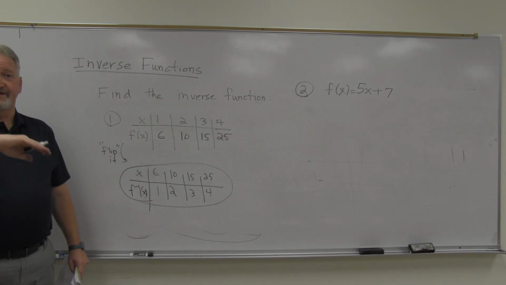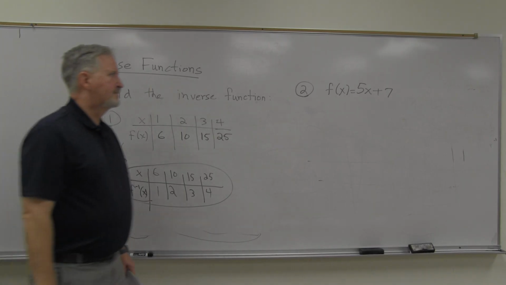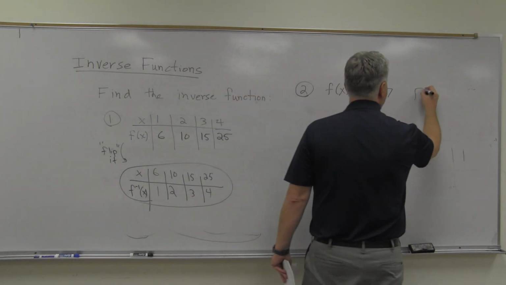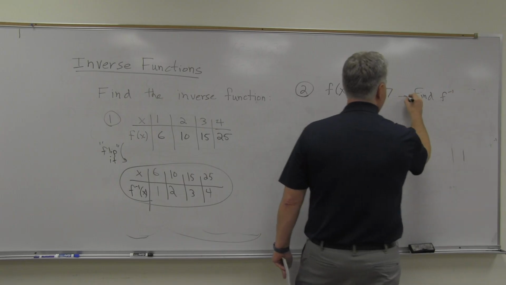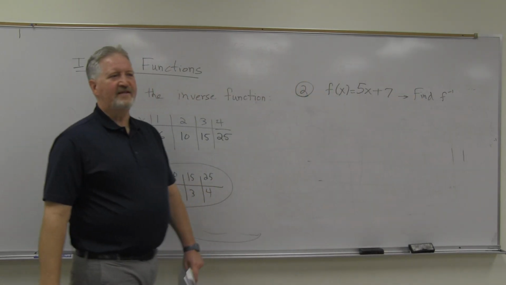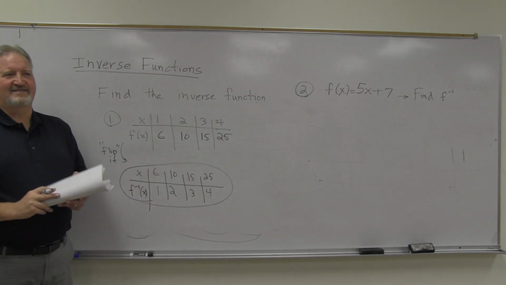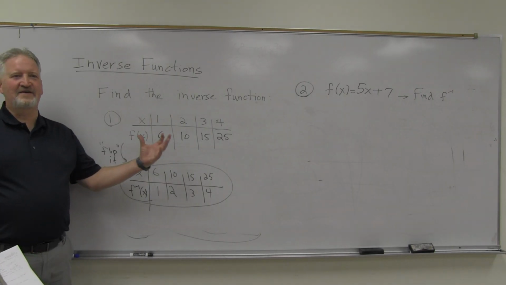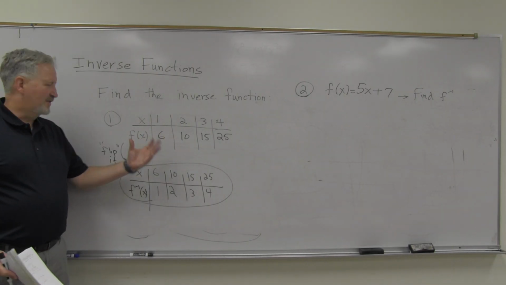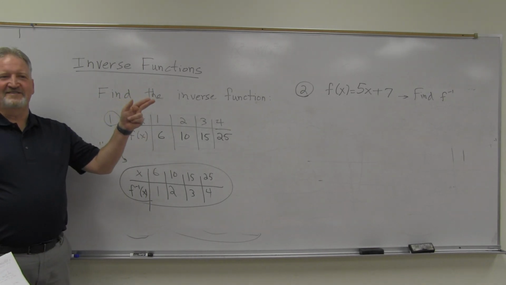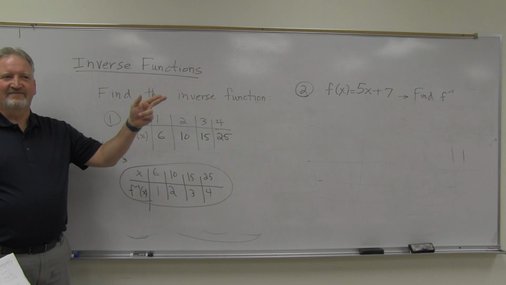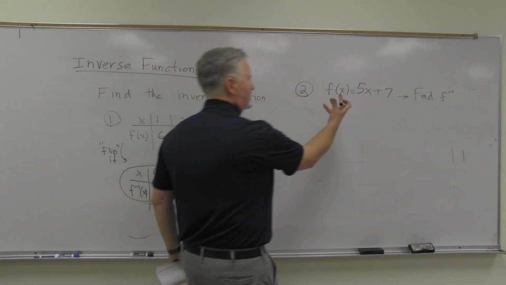That's going to be 1 to 1. That's going to have an inverse, right? So what is the inverse? Well, the trick on that is really pretty much the same thing we just did. What do we do here? We switch the x's and the y's. Well, for the inverse function, you do the same thing. Switch the x's and the y's.